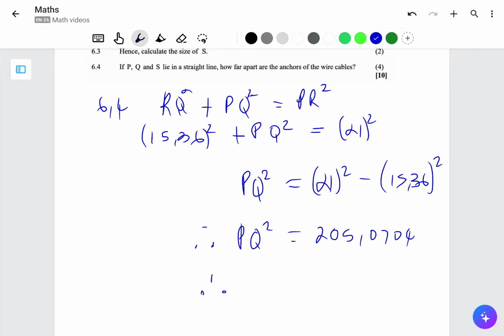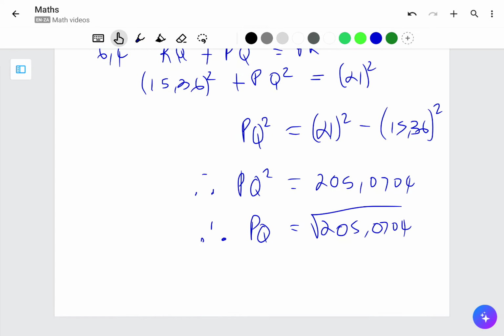Now we know that therefore PQ will equal the square root of 205.0704. You guys still following me?